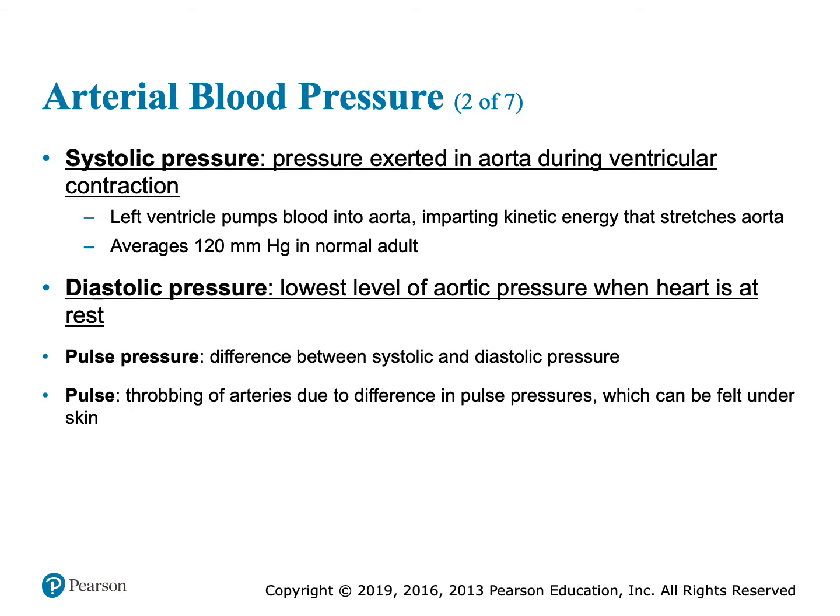Okay, systolic pressure is when your heart is contracting. You are measuring the pressure that has been exerted on the aorta at the highest peak. That is the strongest amount of pressure, and normal is 120. Diastolic pressure would be the lowest amount of pressure that your aorta is experiencing. So when your heart is at rest, in diastole, that's going to be your diastolic pressure.